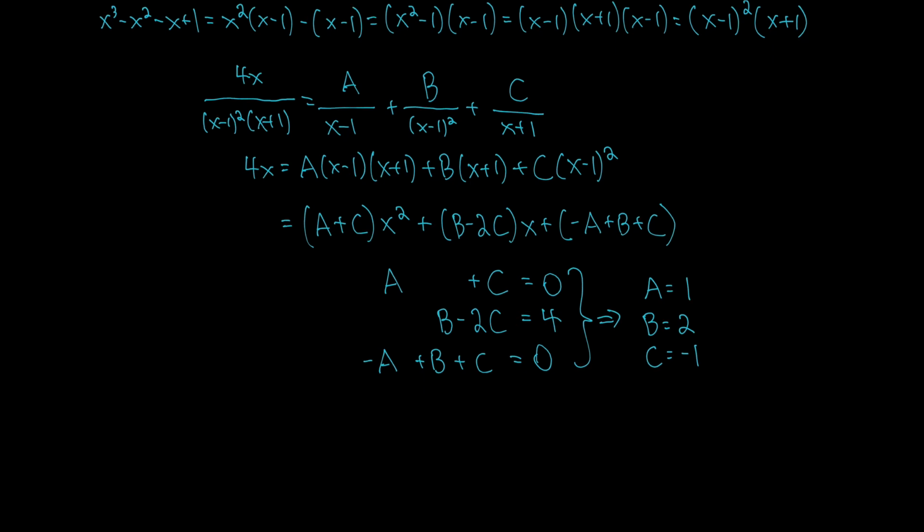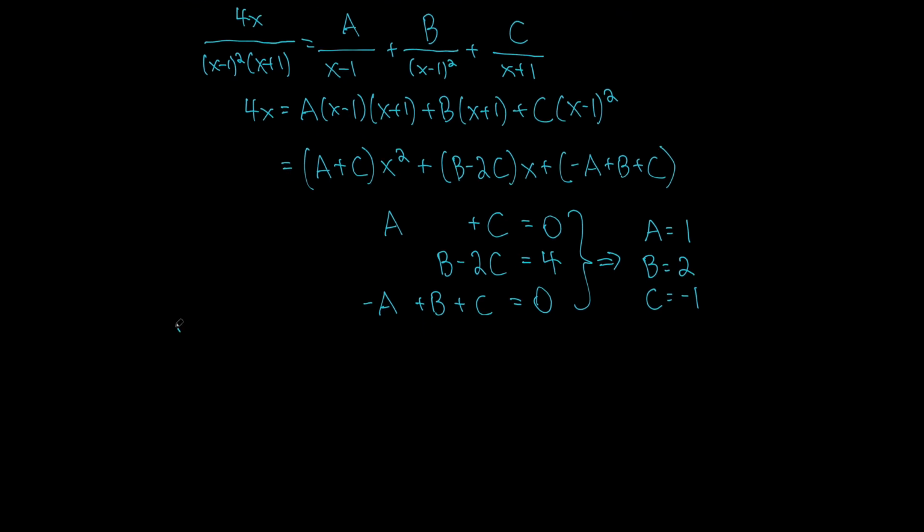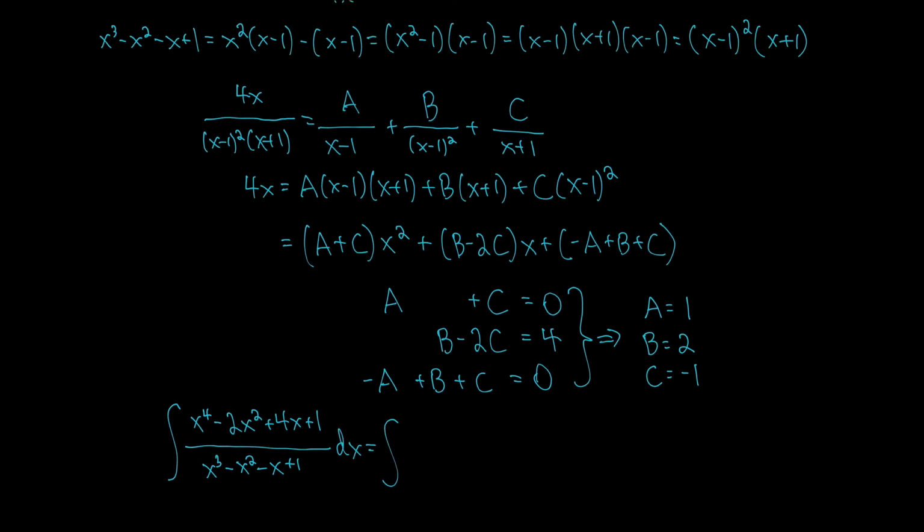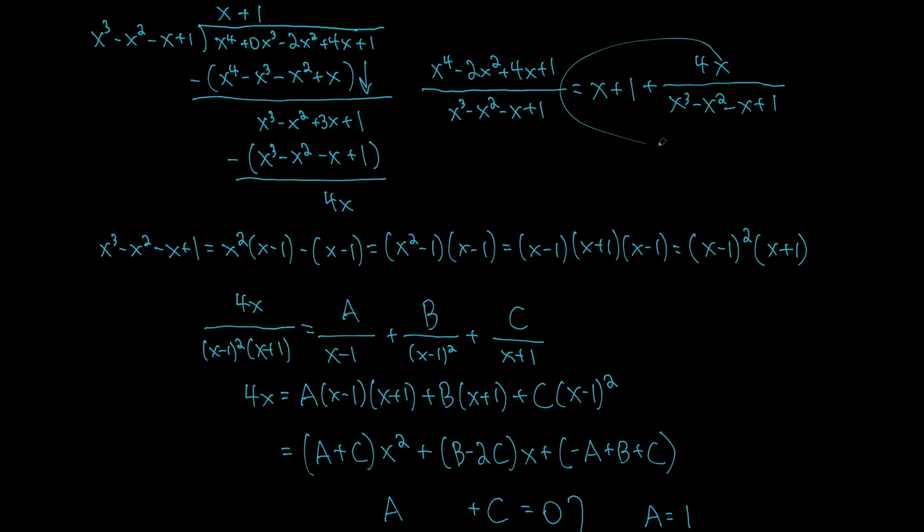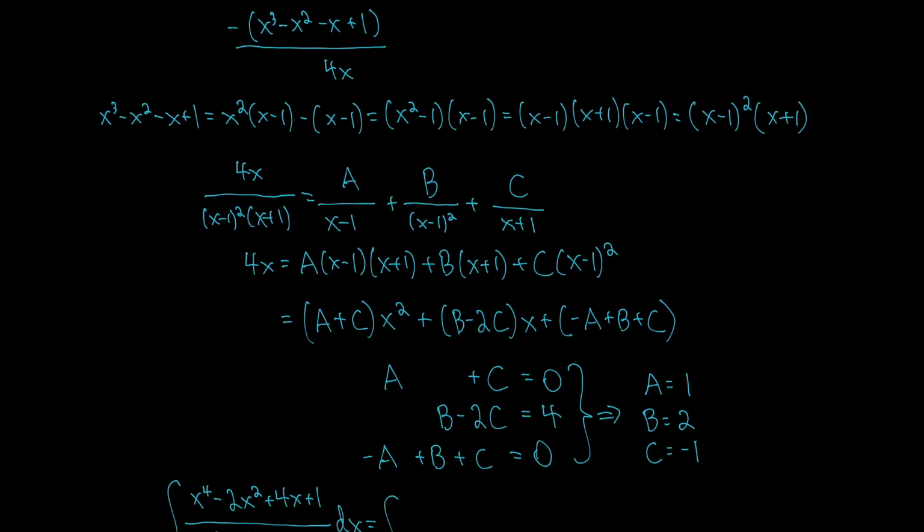Let's try writing our integral. So x to the 4th minus 2x squared plus 4x plus 1 divided by x cubed minus x squared minus x plus 1 becomes the integral. Let's see, what did I do? We said it was x plus 1 plus this whole mess that we just decomposed.